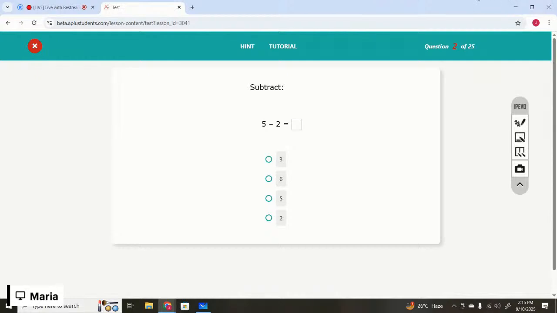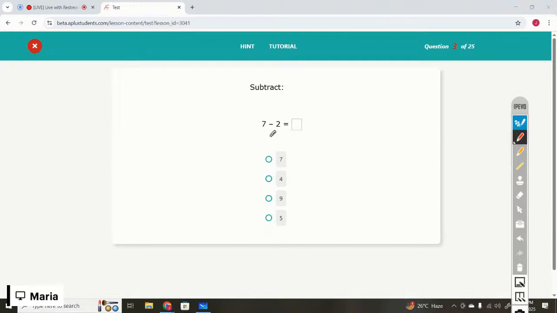5 take away 2. So just go back by 2 digits. You can use backward counting, right?